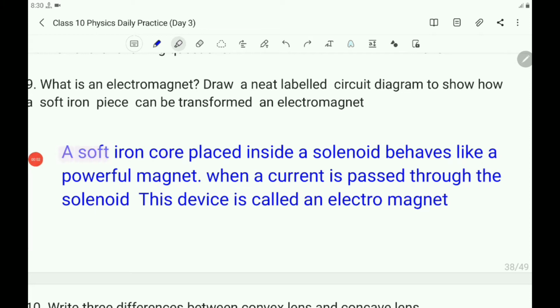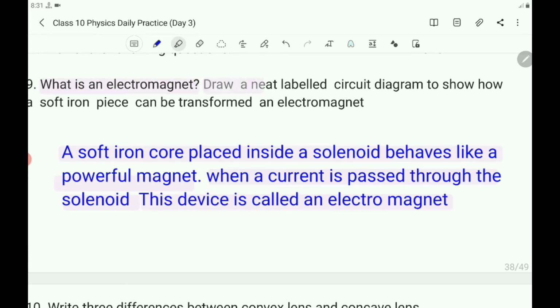So read that a soft iron core placed inside a solenoid behaves like a powerful magnet when a current is passed through the solenoid. This device is called an electromagnet. That is the answer for the question, what is an electromagnet?